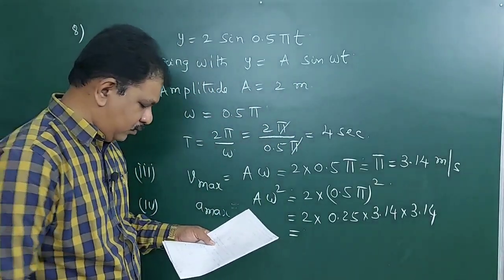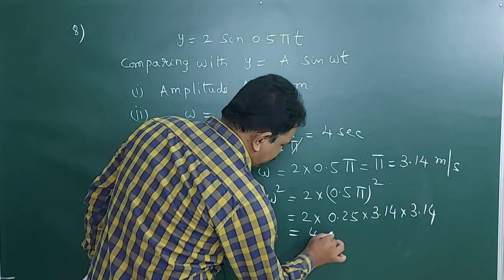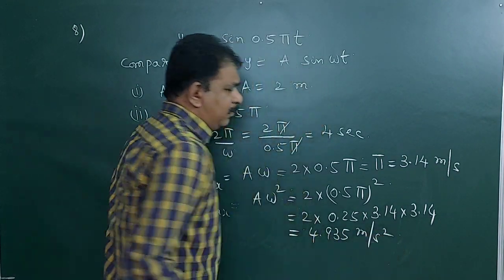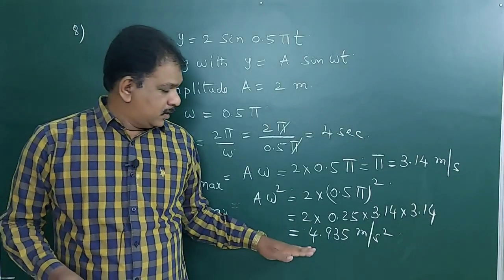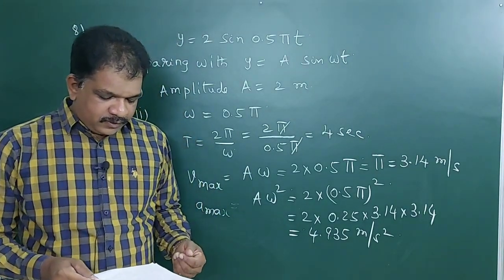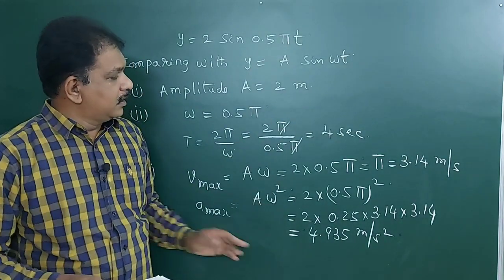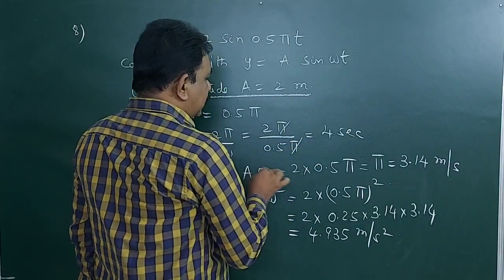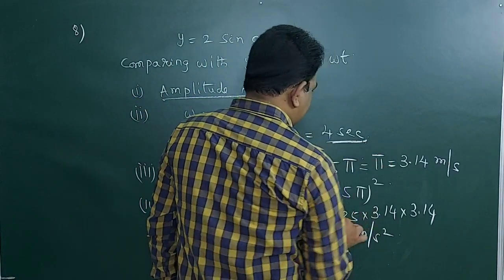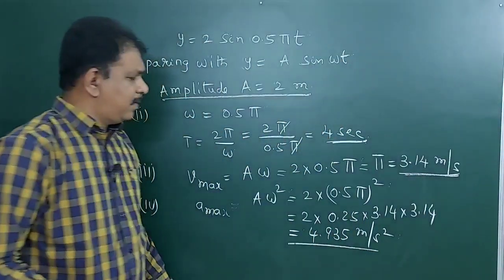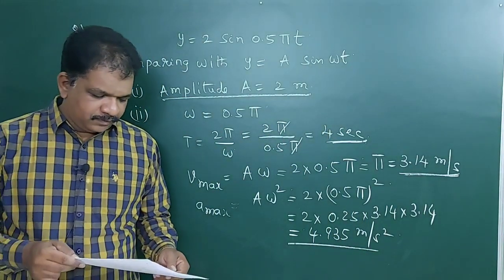Finally, this value is 4.935 meter per second square. This is the acceleration. Okay. So 8th question, these are the answers. Amplitude will be 2 meter. Time period will be 4 seconds. Maximum velocity, this is maximum acceleration.